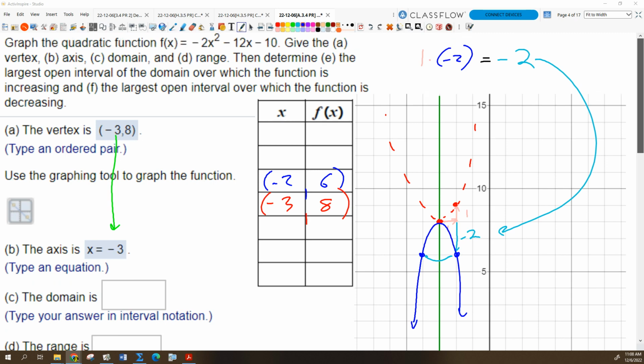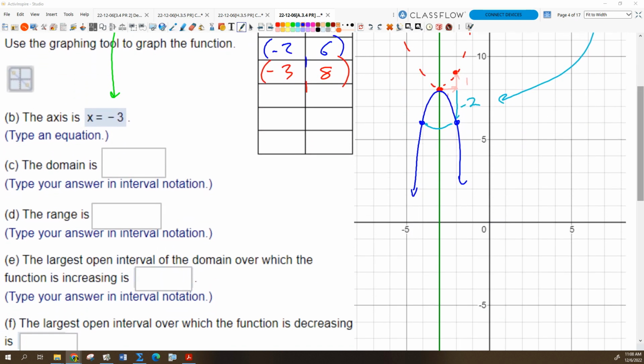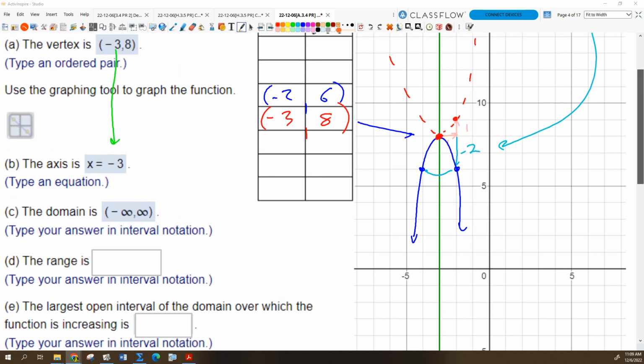Okay. All right, real quick, and this will be it for today. What's the domain of any parabola, everybody? All reals. Okay, what's the range going to be on this one, Melanie? And let's remember the ordered pair of the vertex here is -3, 8, and the parabola opens down.